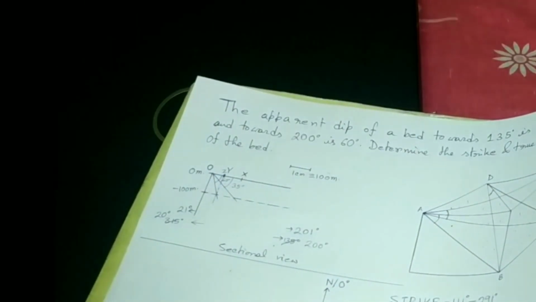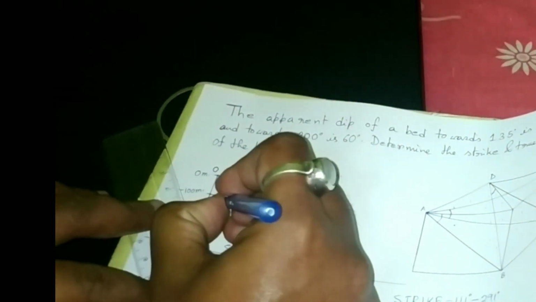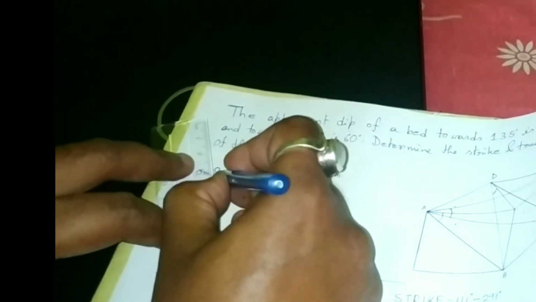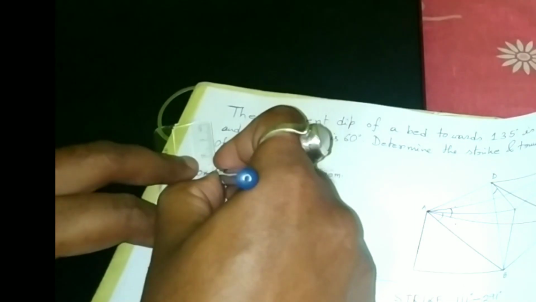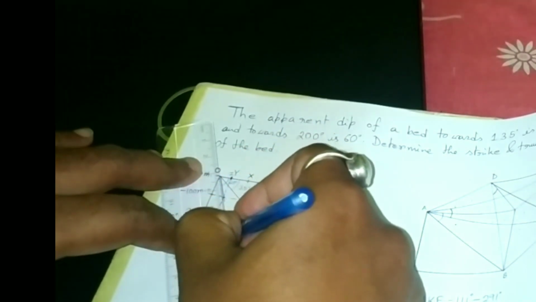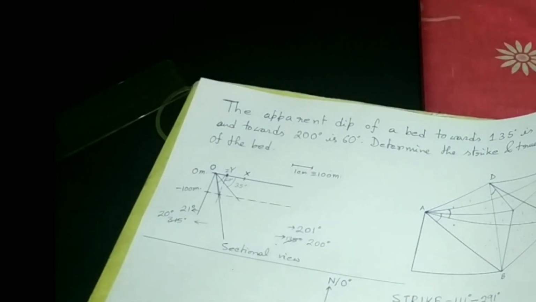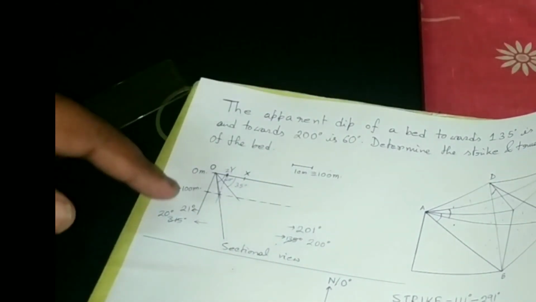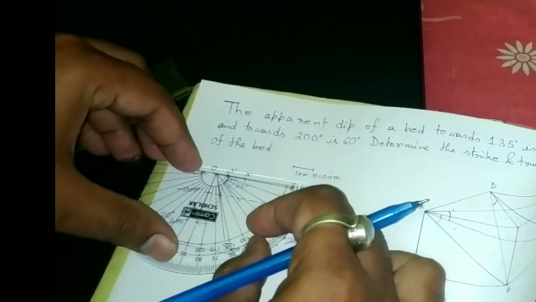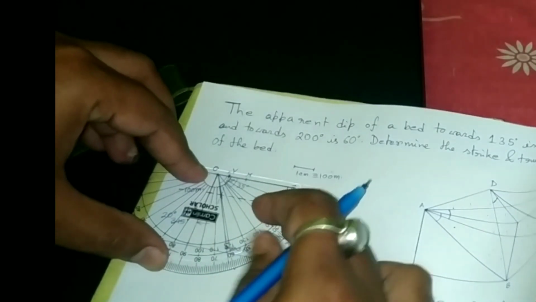So for construction, as I explained in detail in the last session, we need to project vertically downward the Z point and find the intersection with the minus 100 meter level, and then we need to connect this minus 100 meter horizontal plane intersection with the O point, and now we'll see the dip.